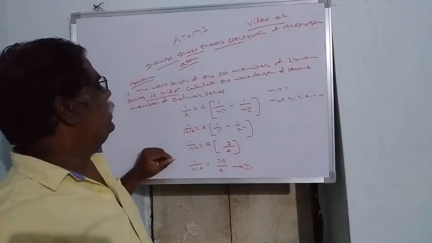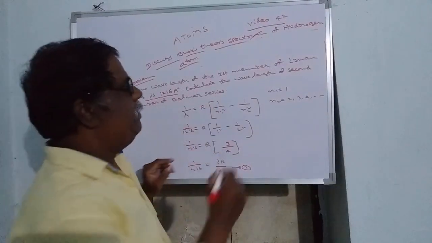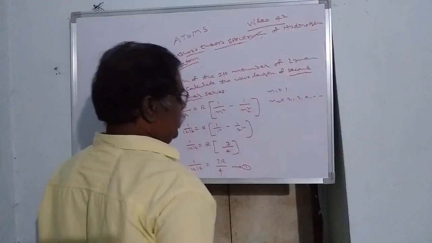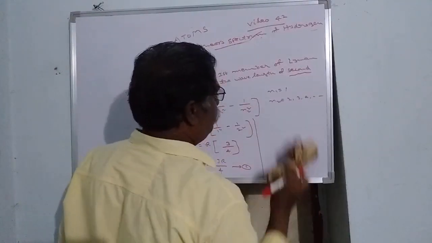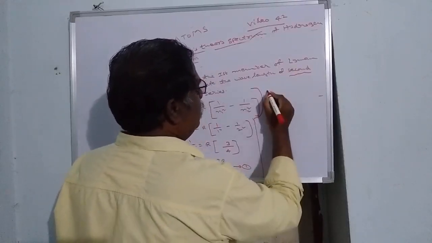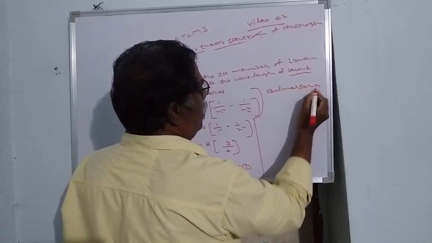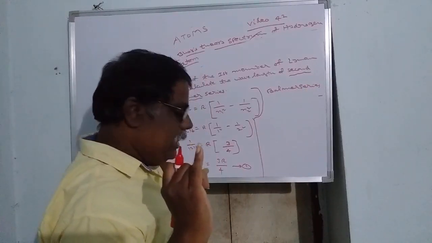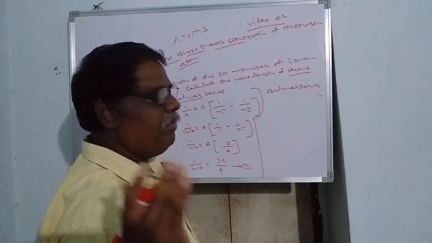So the Lyman series will be over. Next, calculate the wavelength of the second member. This is very important: second member of the Balmer series. Again the formula will be the same. Remember the order: Lyman series, next Balmer series, Paschen series, Brackett series, and Pfund series.